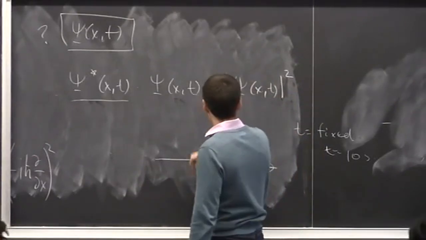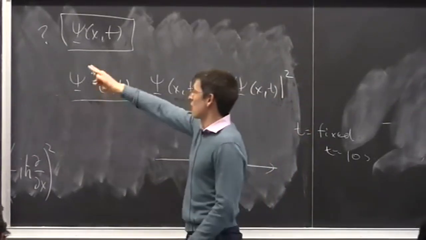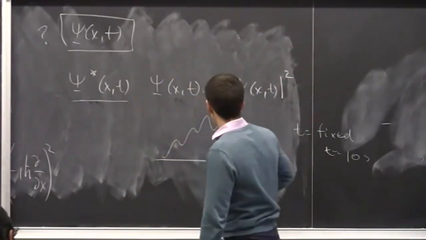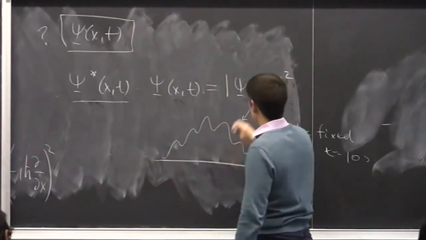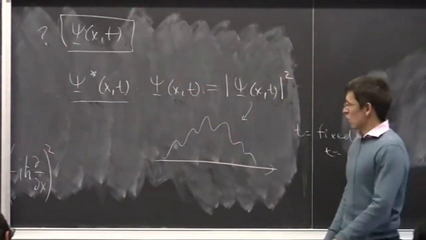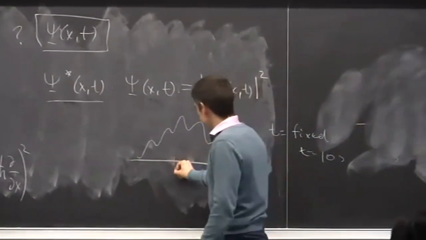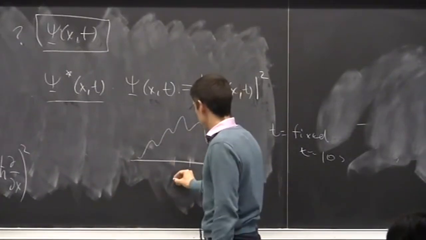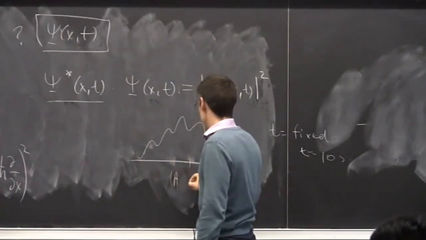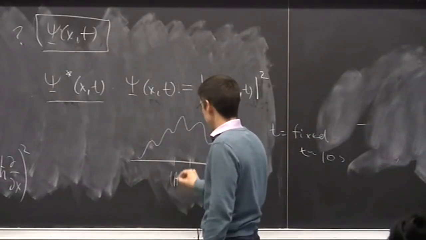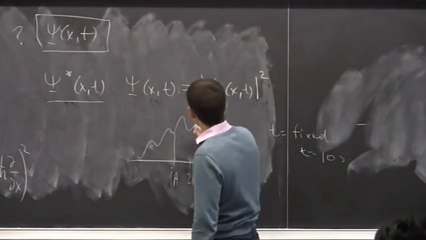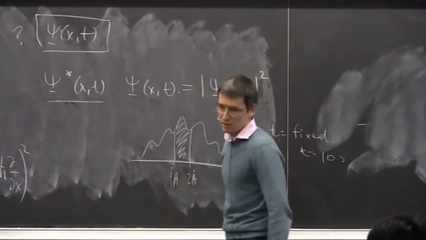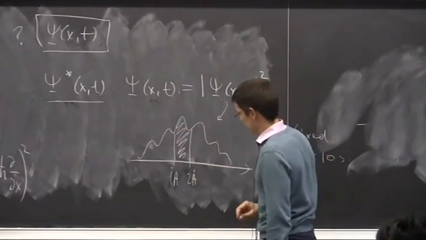And if we found the function and took the absolute square, it is always positive, and it looks like this. To answer the question whether a particle can be found between 1 angstrom and 2 angstroms, all you need is to take this quantity and integrate. So find the area under the curve, right?